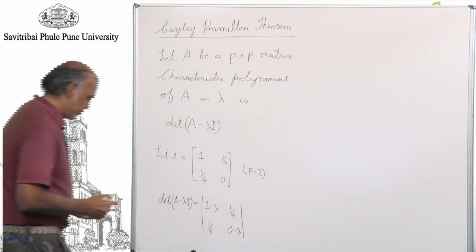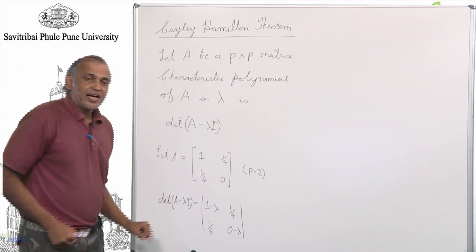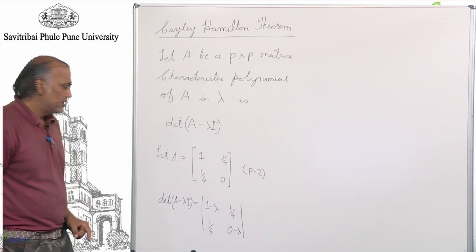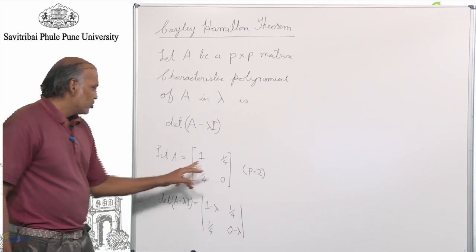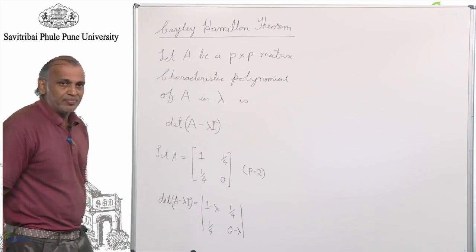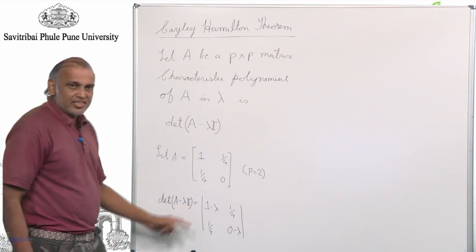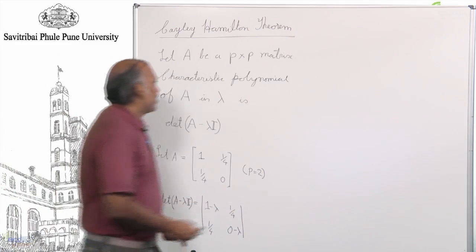This would result, because this I has only 1 as diagonal entries and 0 elsewhere. So therefore, you simply have to subtract a lambda from the diagonal members of A in order to get A minus lambda I, and then take the determinant of this. Let me try to simplify this.